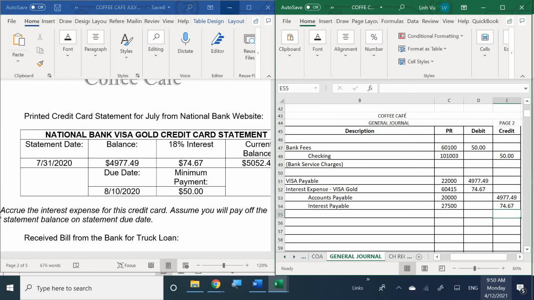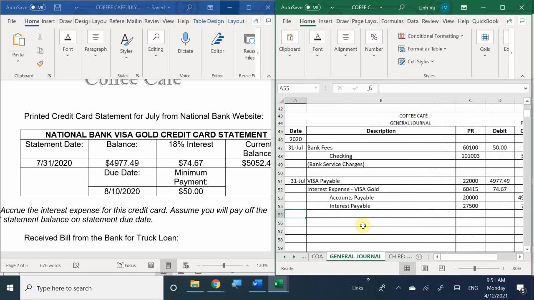It's a separate cost that I need to recognize, okay? Just like interest income, or interest payable, it's completely separated from my actual amount that I owe. So in this case, I owe $74.67 to the credit card company for interest.